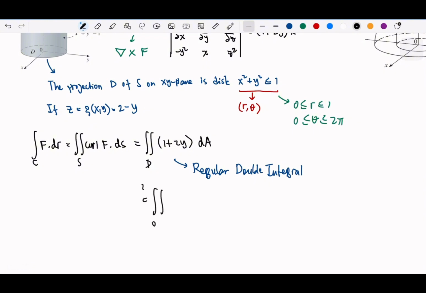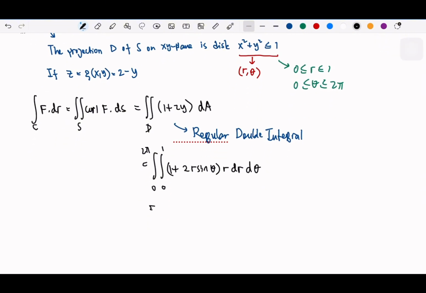This will be theta from 0 to 2 pi and r from 0 to 1, and we exchange everything to polar: 1 plus 2 r sine theta, times r dr d theta. That's for polar. Then you solve this with the polar conversion and get the result. I will skip some process; I hope you can do this.